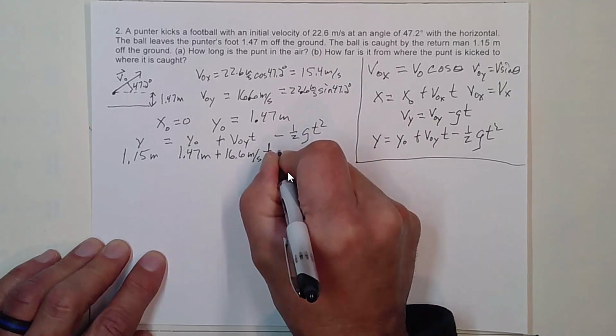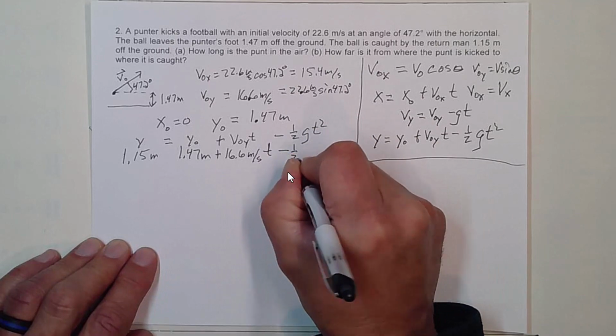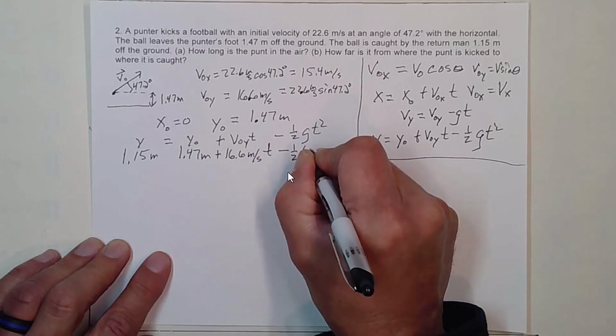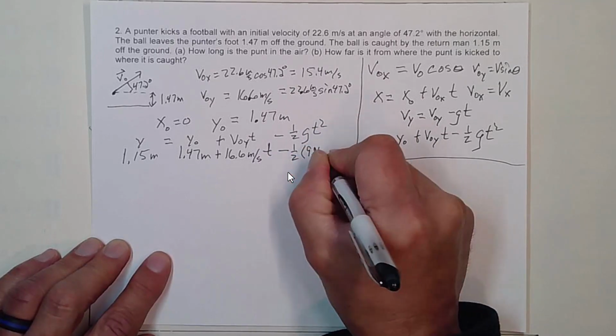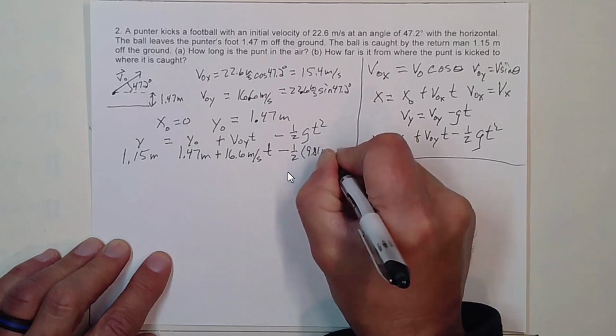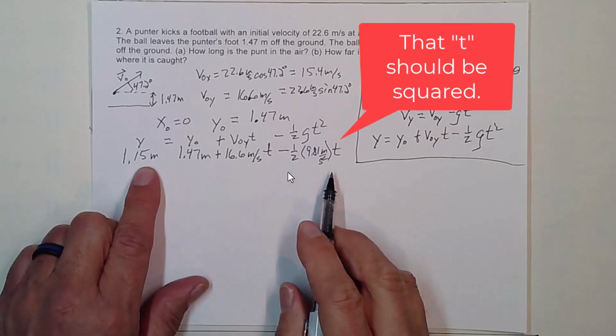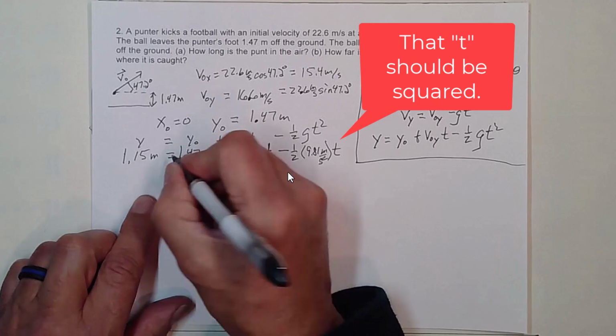So minus 1/2 times 9.81 meters per second squared times t squared. Doesn't look like it yet, but it's supposed to be an equal sign here.